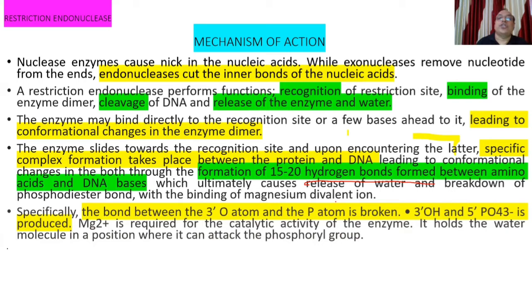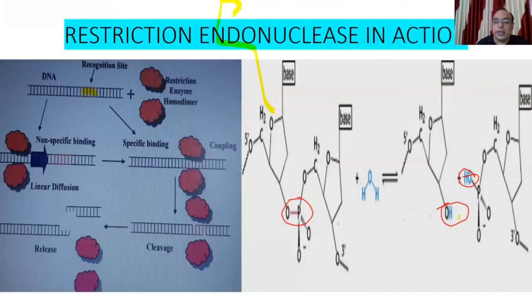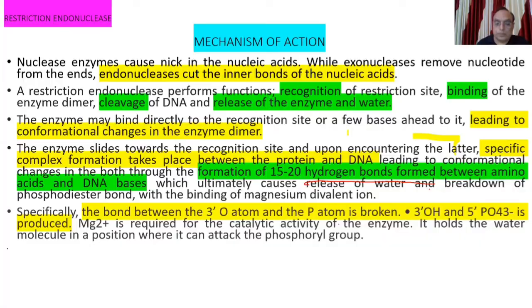These changes, along with the entry of the divalent magnesium, will cause the breakage. The divalent magnesium will hold the water, and the OH of water will get attached to the P, whereas the hydrogen ion will get attached to the O of the sugar, resulting in the formation of OH here and OH here. So 3'OH and 5'PO4 is produced.